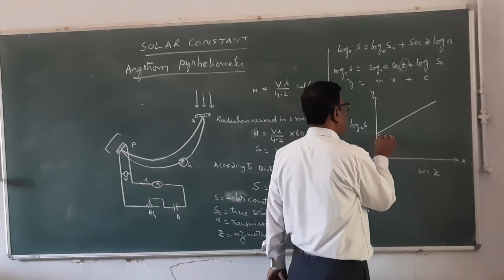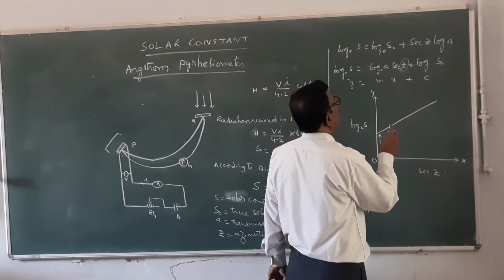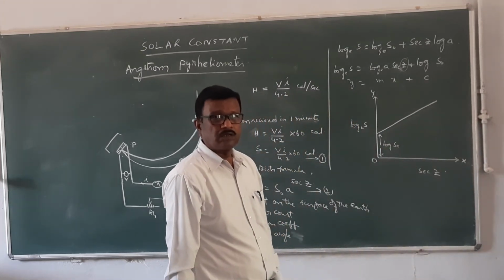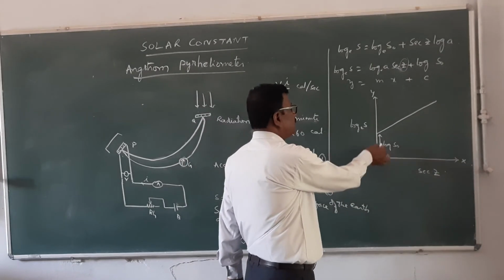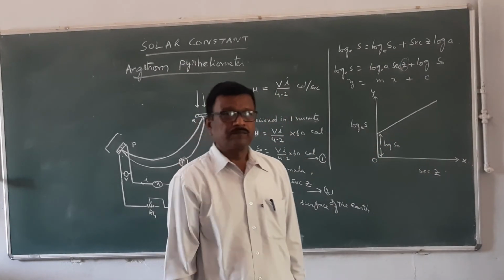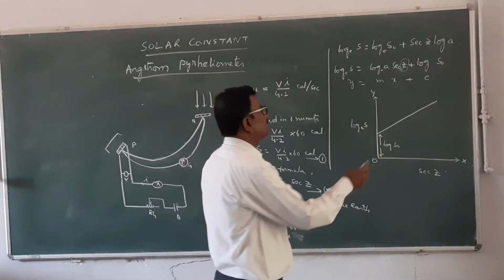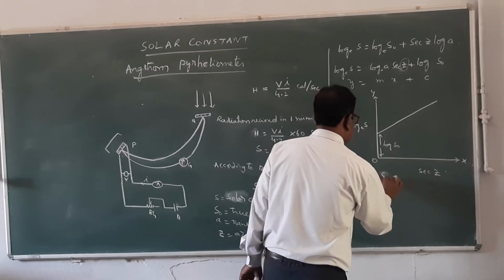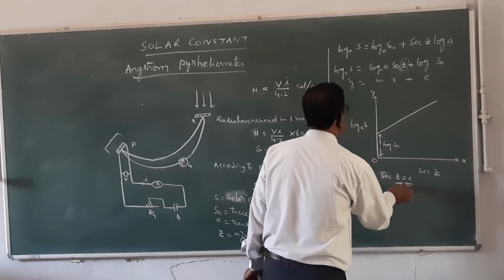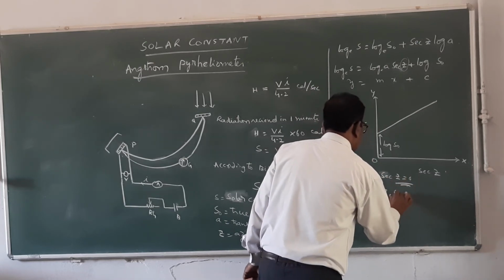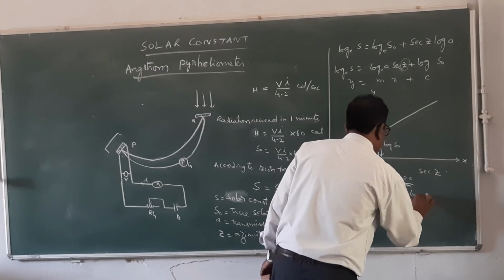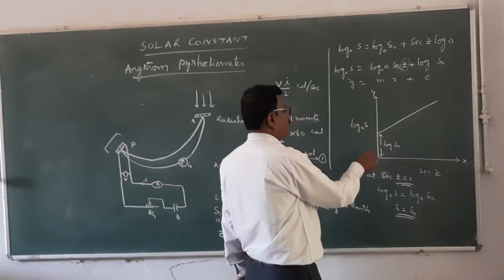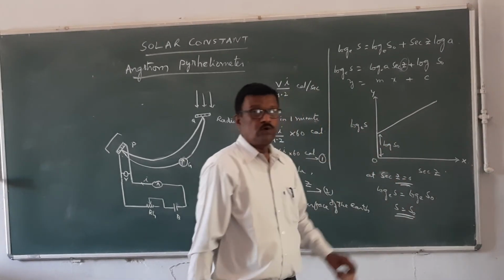This intersecting point is log S0, since at secant Z equal to 0, log S is equal to log S0. Therefore, the y-intercept will give the true solar constant.